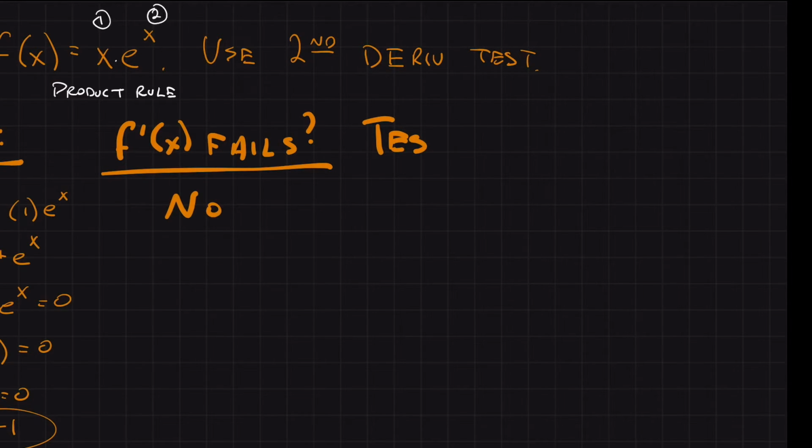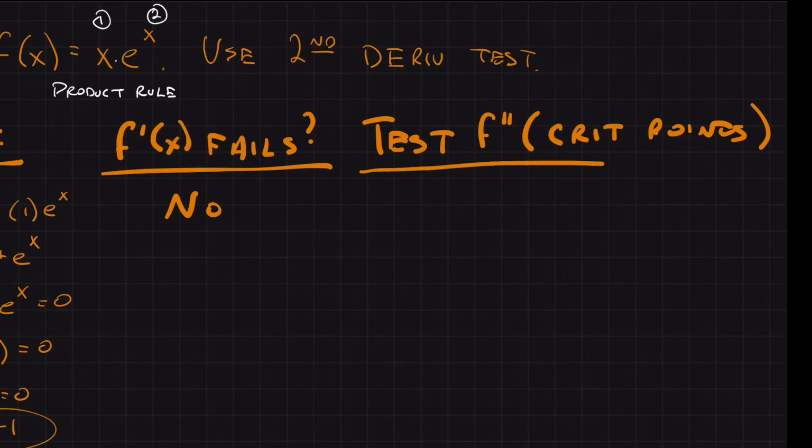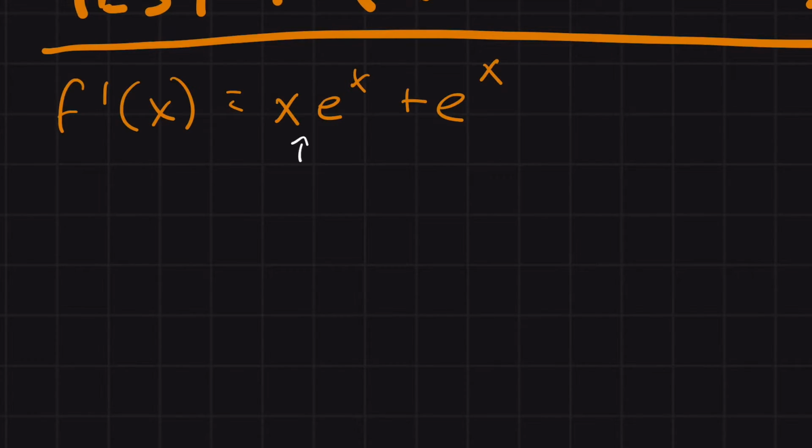Finally, we need to find f double prime of x and test f double prime at all of our critical points. Our derivative was x e to the x plus e to the x. When we find the derivative of x times e to the x, we're going to have to use the product rule again.